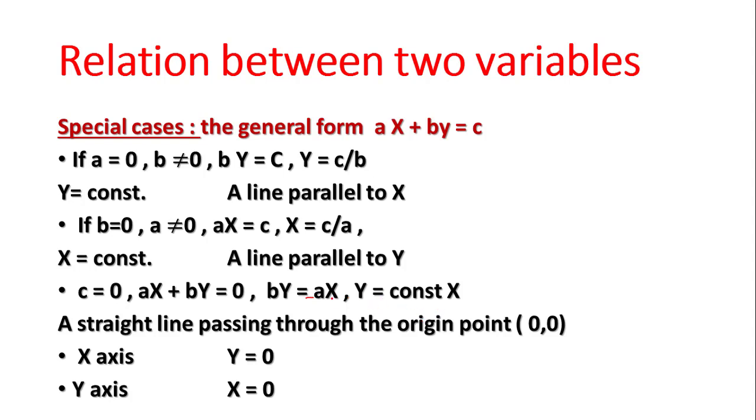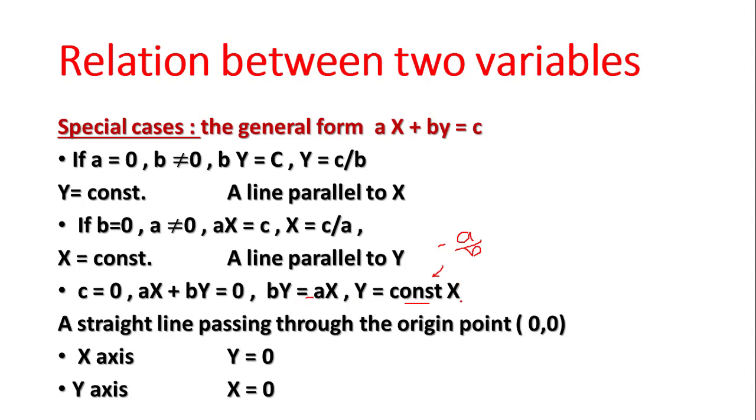Why a constant? Because it is a constant times x, and the constant will be negative a over b. Negative a over b is a constant because we said before a and b are numbers. Negative a over b times x. So a constant times x.